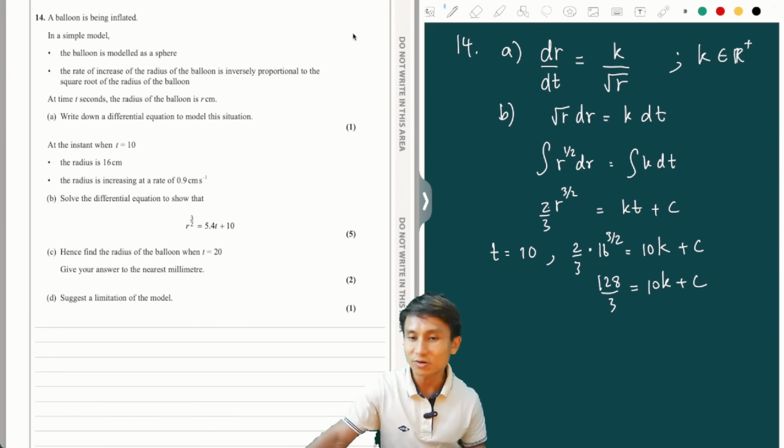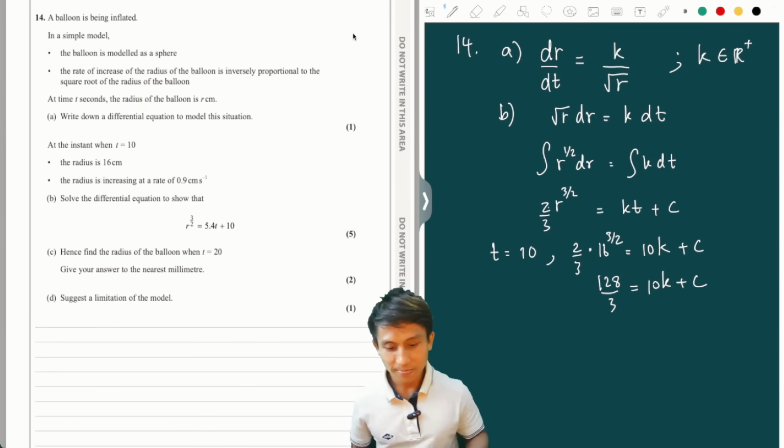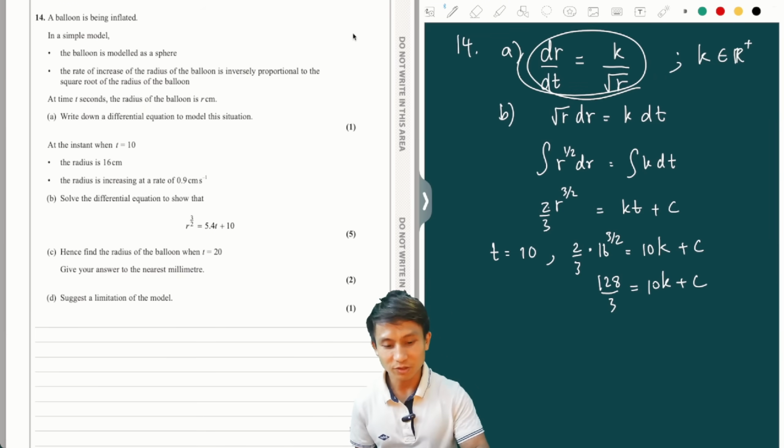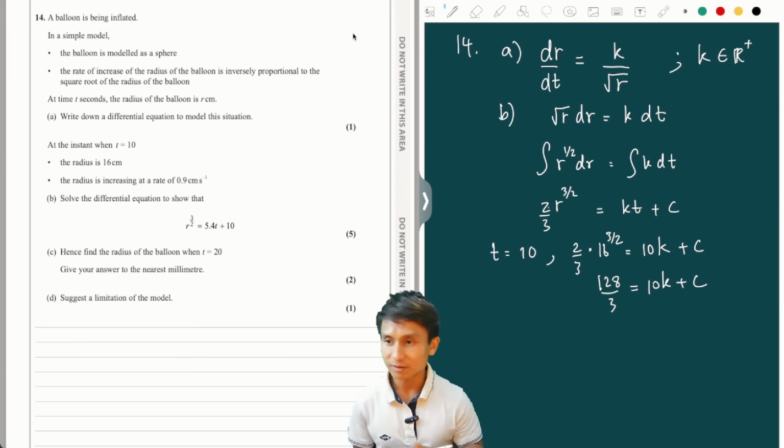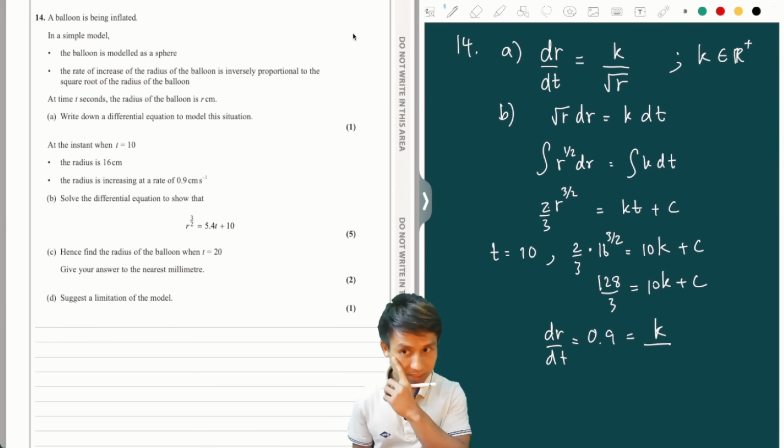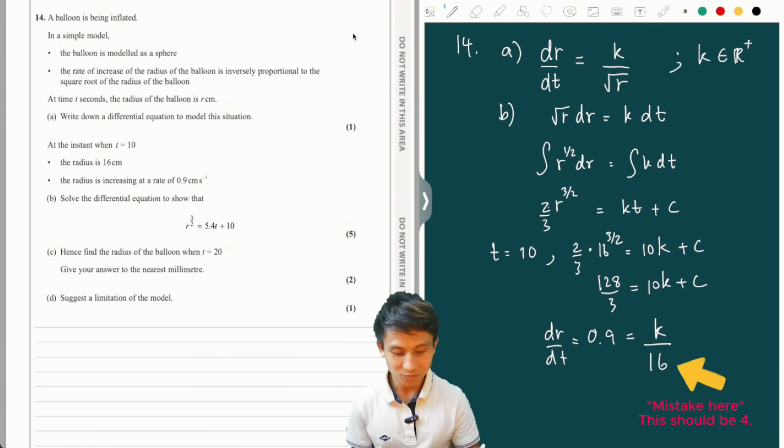The radius is increasing at the rate of 0.9. So it's just this equation here. If we talk about the rate, it's the derivative function there. So the rate dr by dt is 0.9 when the radius is at 16. So we put 16 here.